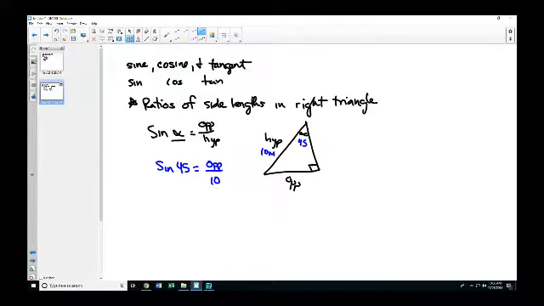This is a calculator problem for us at this point. I'm going to show you how to not use a calculator for this angle. It's called the unit circle.